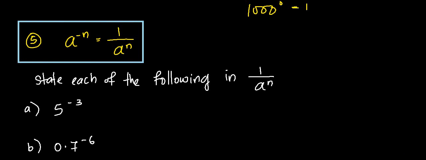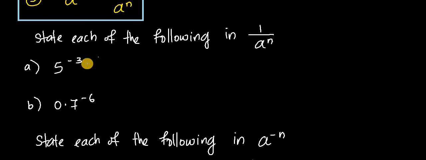Before you deal with negative powers, you must be very familiar with converting negative powers into fractions and vice versa. For example, if I ask you to state each of the following in 1 over a power n, this negative power can also be written as 1 over 5 power 3, which once you simplify can be written as 1 over 125.